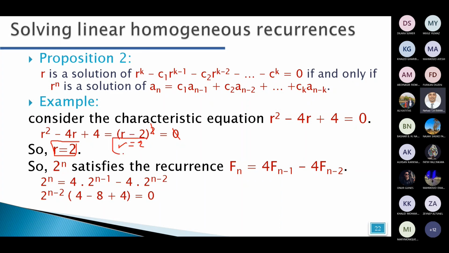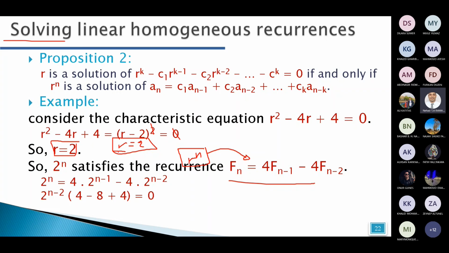When you get this solution for the characteristic equation, R power n is the solution for the recurrence relation, or the linear homogeneous recurrence relation. So like this, we can solve it.